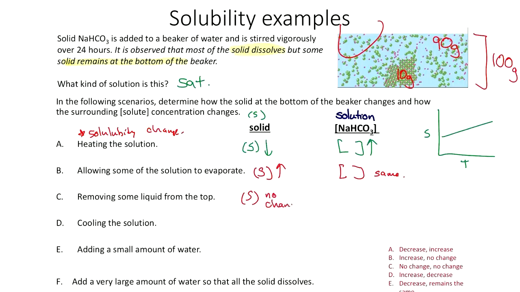And then also the solution, no change, because we are removing liquid off the top. We're both removing water and the solute at the same time. B and C are a little bit different, because in B, we remove water, not the solute. But in the second one, because we're just scooping some out, and this is a homogeneous solution, we're actually taking both out with the same concentration. So there's no change to either of those.